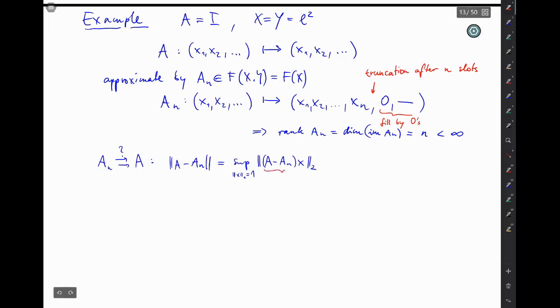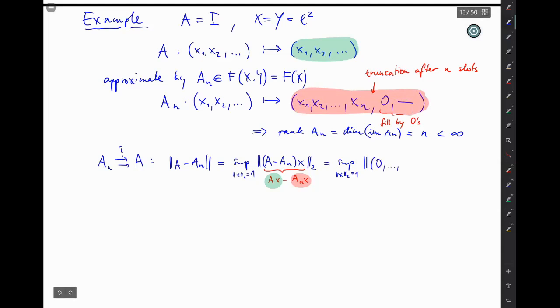So clearly, this expression is just Ax minus Anx, and that means we have to take this green vector here minus that red vector here and evaluate the 2 norm of this. Okay, but it's easy to compute this difference.